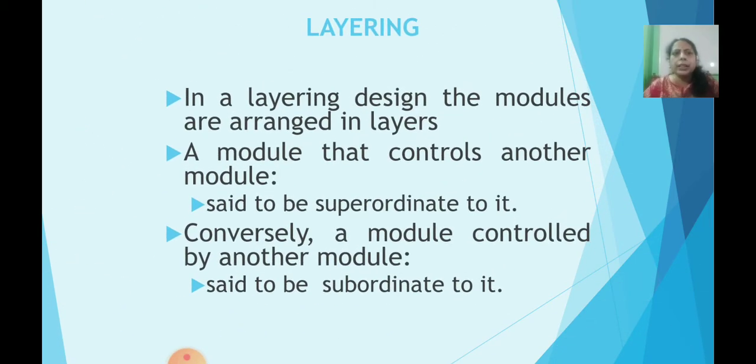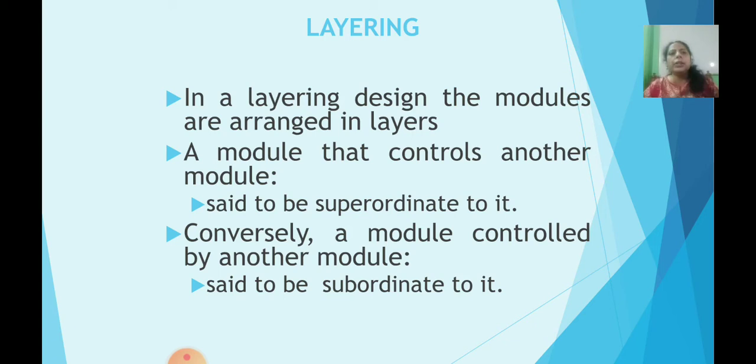First is layering. In a layered design, the modules are arranged in layers, meaning the software engineers design the modules and represent them through layers: first the upper layer modules, then the lower layer modules.